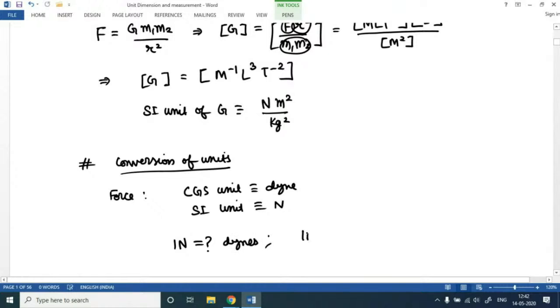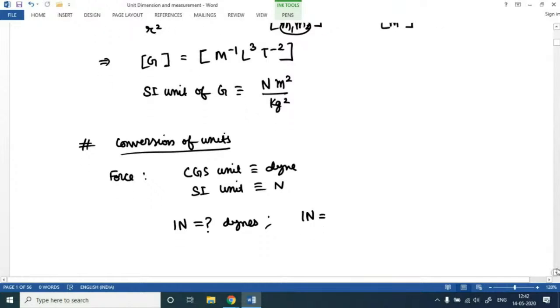1 Newton we have learned is nothing but 1 kg meter per second square, right? These are fundamental units, so we can convert them into the CGS system. The unit of mass in CGS system is gram.